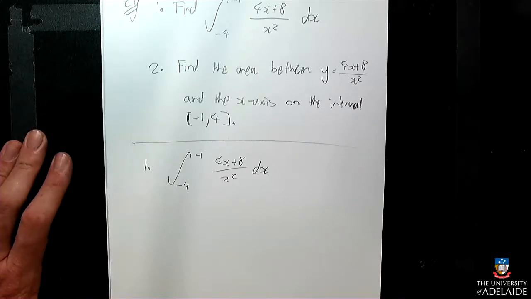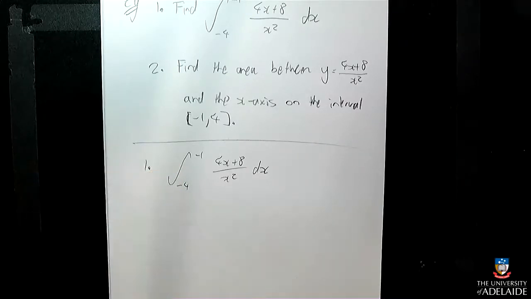The first thing on my list is to just do it, and it's not something that I recognize. The next thing is to rewrite it in some form. It looks like I can divide by the x squared, and that's going to turn it into something that can all be written as powers of x, so I'll do that.